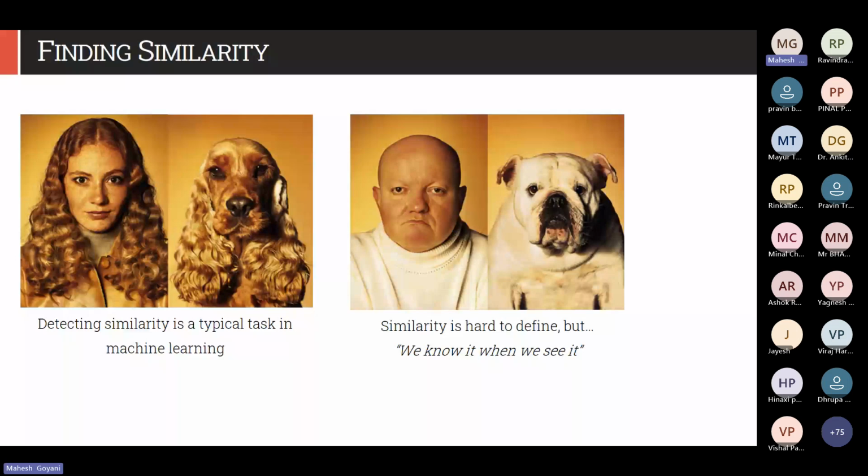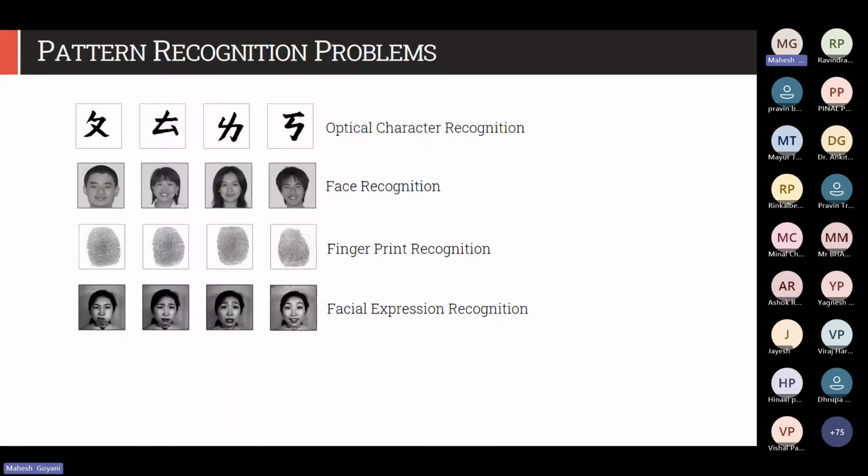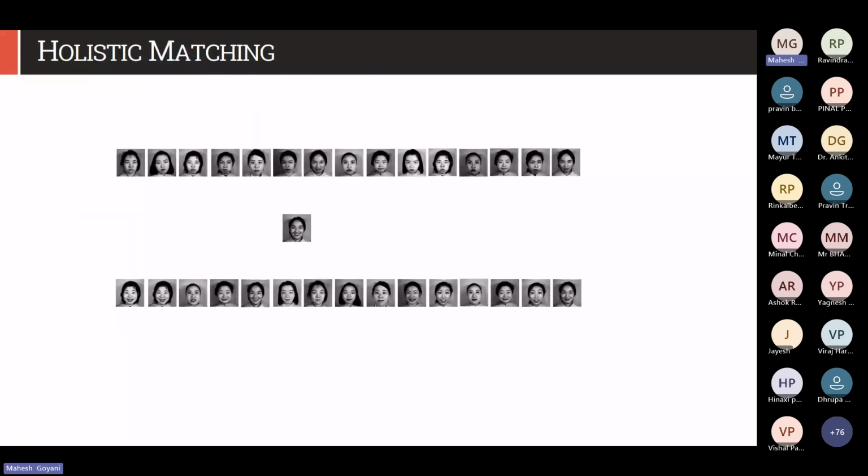That is very important to understand, because in real life we are dealing with numerous pattern recognition problems like optical character recognition, face recognition, fingerprint recognition, facial expression recognition, fruit recognition, and a number of such problems exist. So how do we actually perform pattern recognition?